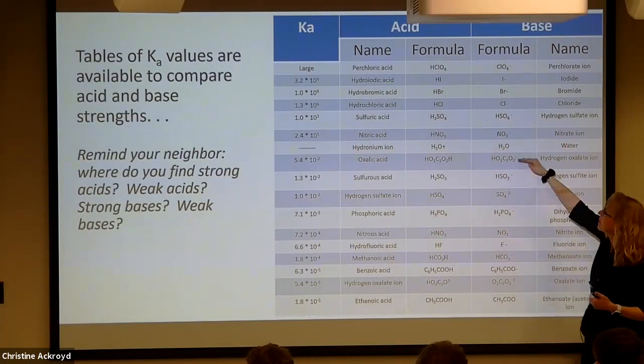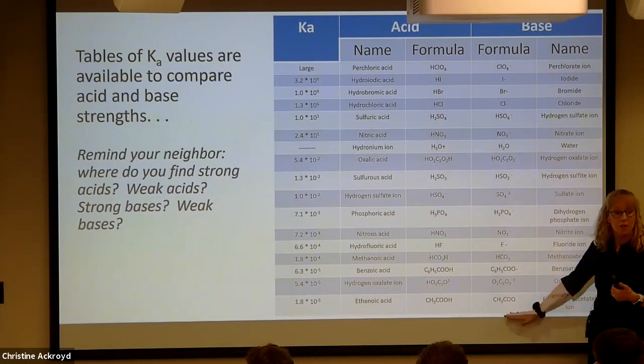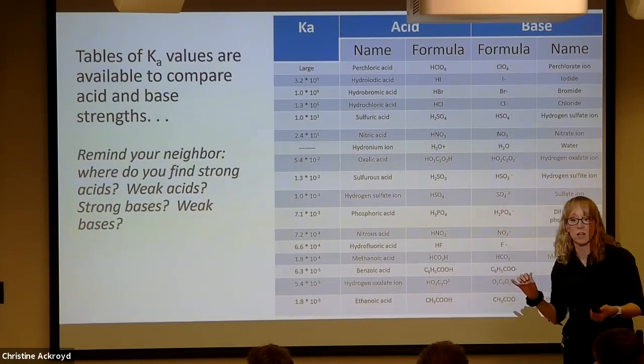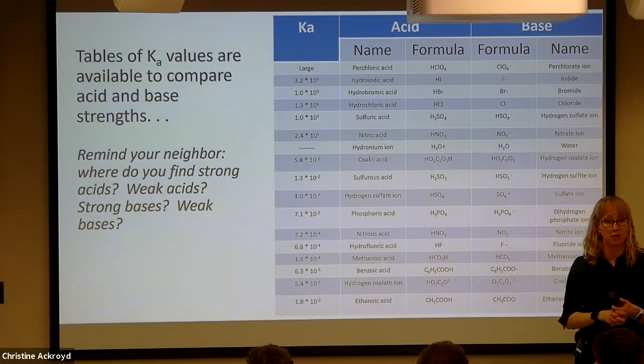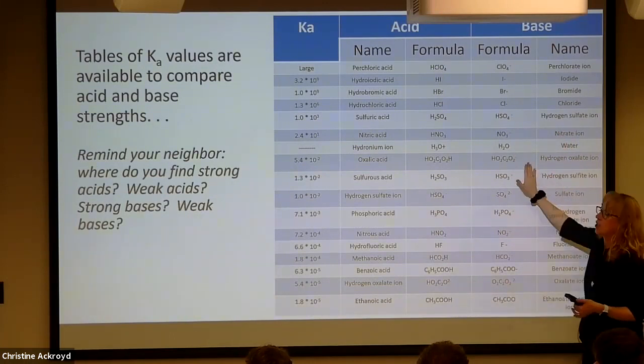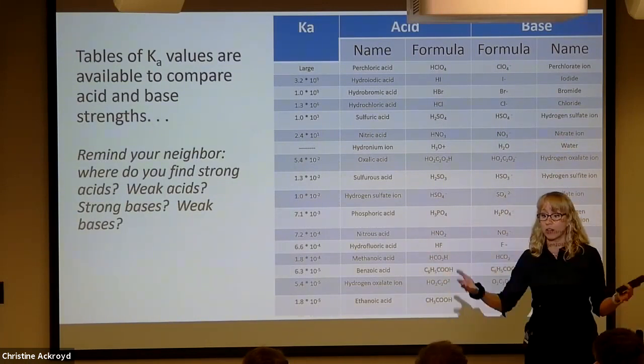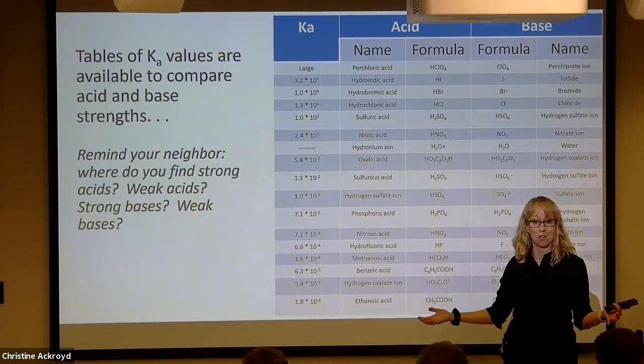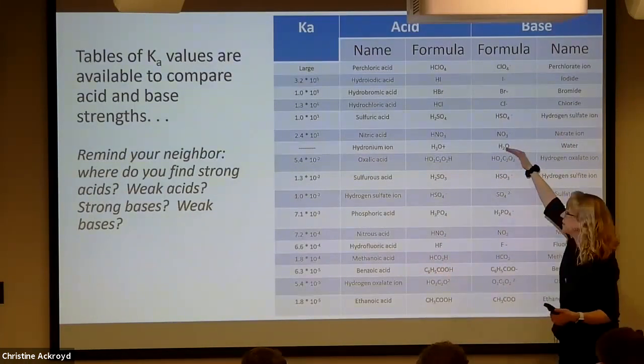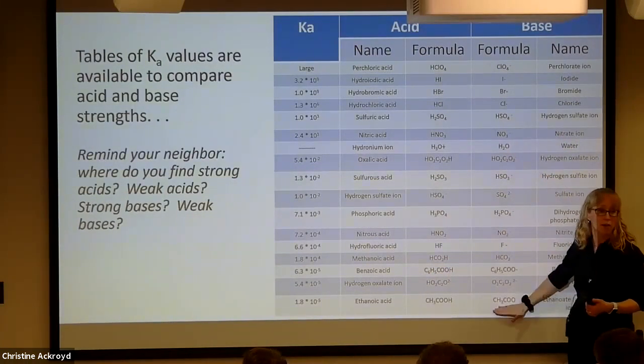So all of these conjugate bases of weak acids, each of those bases is strong enough to react with water by itself. If we take any of the conjugate bases on this table and add them to water to make a solution of that base, all of these bases will react with water to form hydroxide.